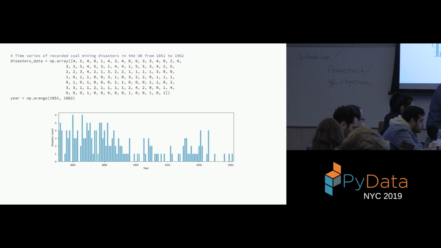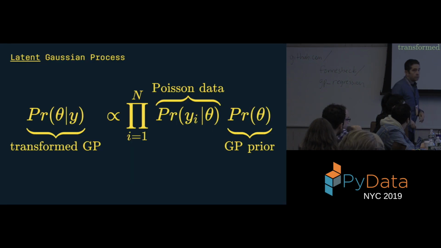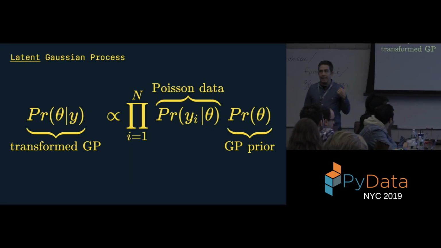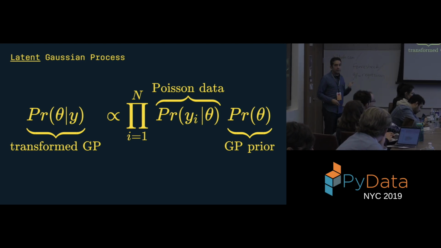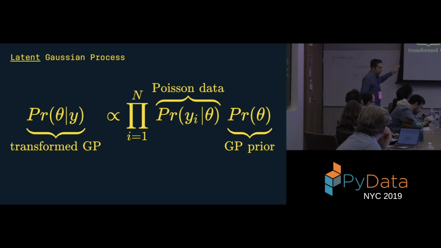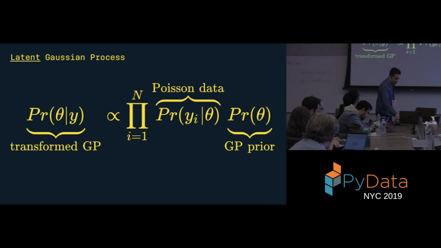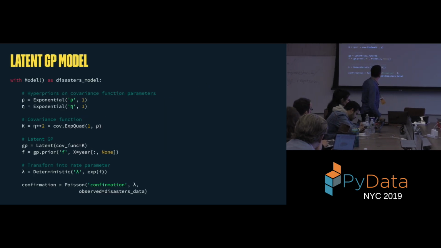So our likelihood is going to be different now. We're going to assume that our data are Poisson distributed, and our prior is still Gaussian. So Gaussian plus Poisson, we can't do our nice marginal GP now. We have some sort of transformed Gaussian process. So we've given ourselves a little bit bigger of a challenge.